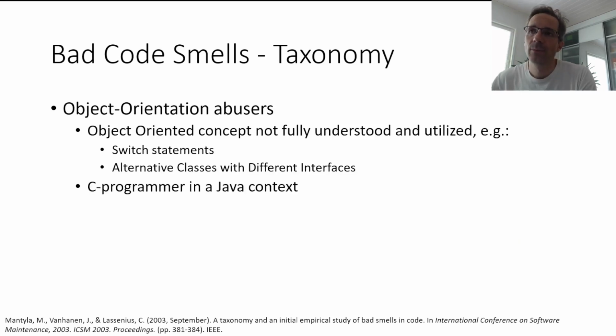Next, we have the object orientation abusers. And this is when the object-oriented concepts are not fully understood or utilized. For example, we might have a C programmer coming from the world of procedural programming. And here we have switch statements and alternative classes with different interfaces.